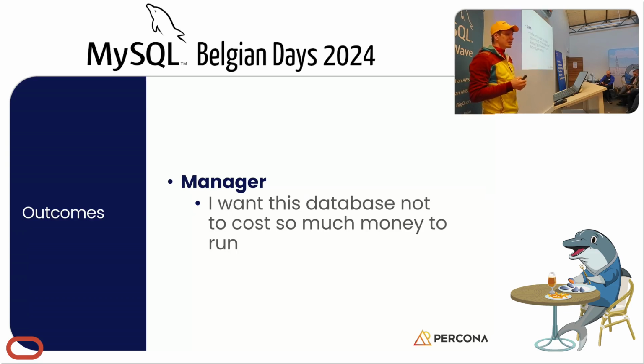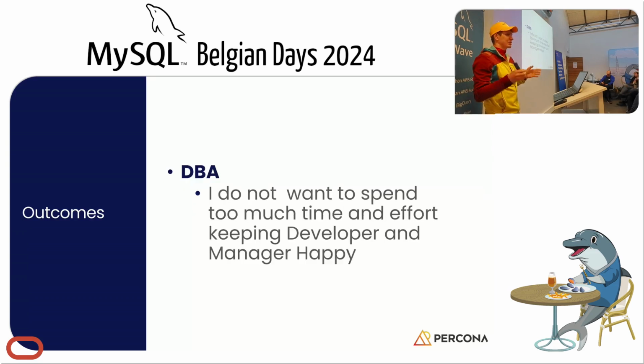And then you have somebody with a DBA title, who is kind of stuck in the middle and saying, hey, I want my developer happy, my manager happy, and then I also want to get some sleep sometimes. So that is kind of the background.